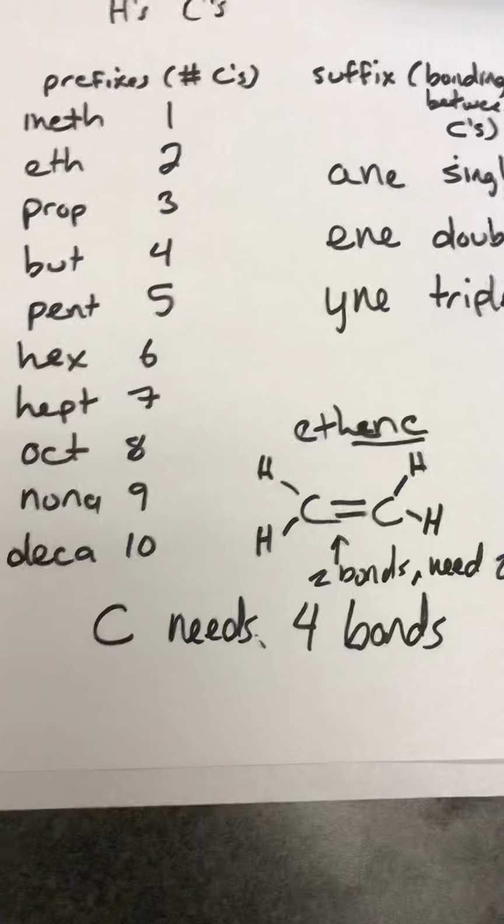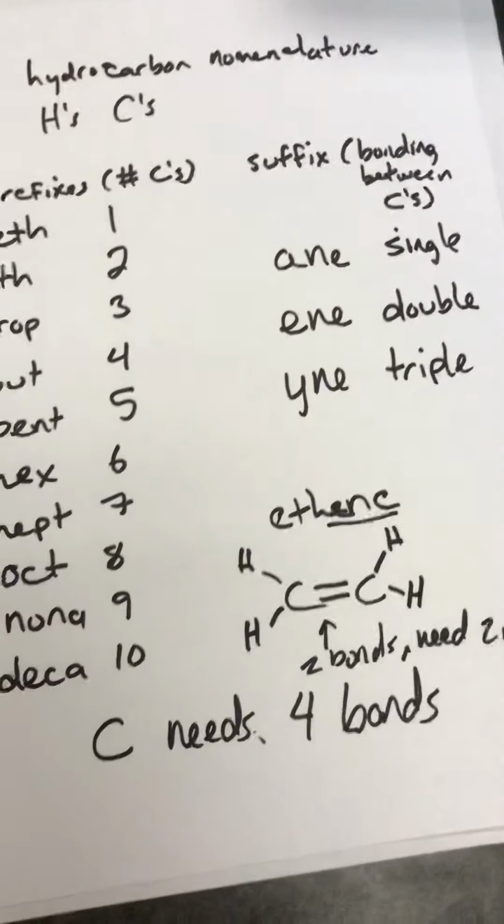Alright, let's move on to another example. Let's say I wanted pentane. Now pentane is made out of 5 carbons. Pent was 5, so we're talking about something with 5 carbons, and those carbons are going to be single bonded. That's what the ane tells us.